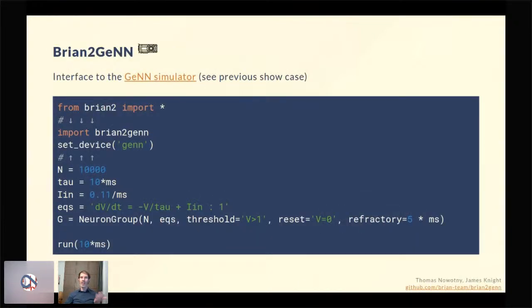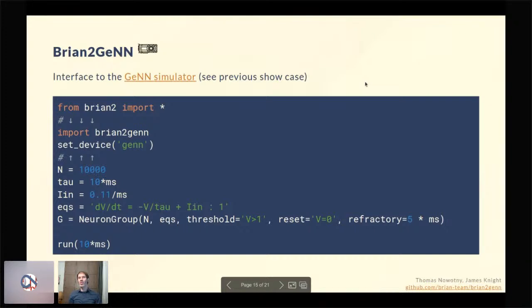So Brian2GeNN, as the name suggests, is a link to the GeNN simulator that you heard about that makes use of the GPU. So again, an idea to make your simulations faster. And the way we designed it, we made it very simple to use this extension. You describe your Brian model in the usual way, and then you just add these two lines: import brian2genn and set_device genn to your code.